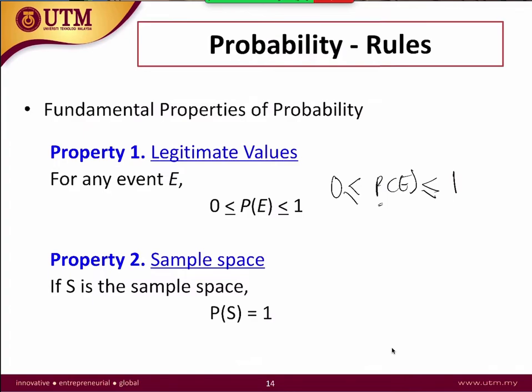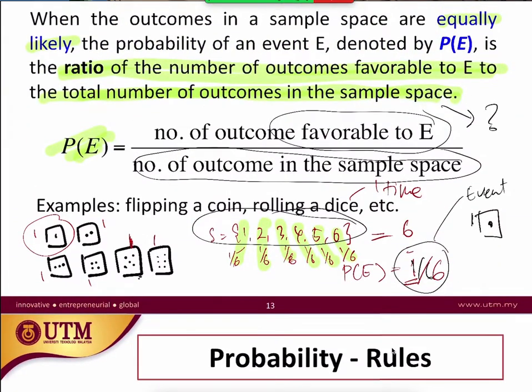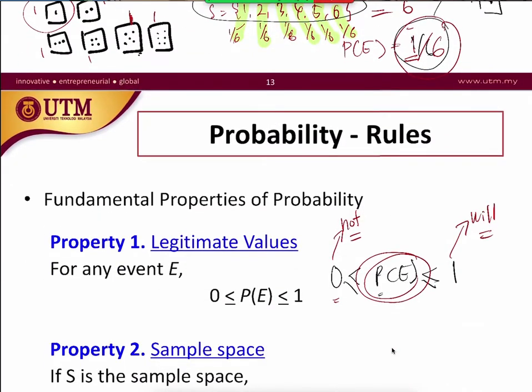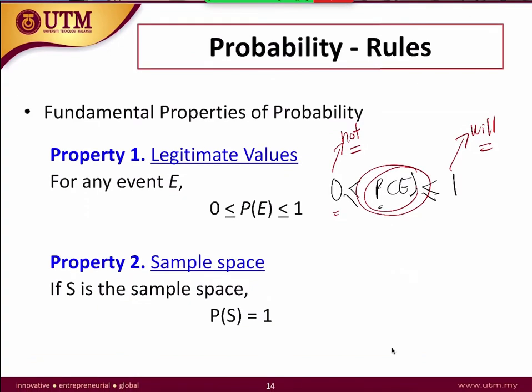If you get a value of 1, this will happen for sure. 0 means that it will not happen at all. We allow the values in between 0 and 1, just like this one: 1/6, the possibility of getting the dice to land on 1.